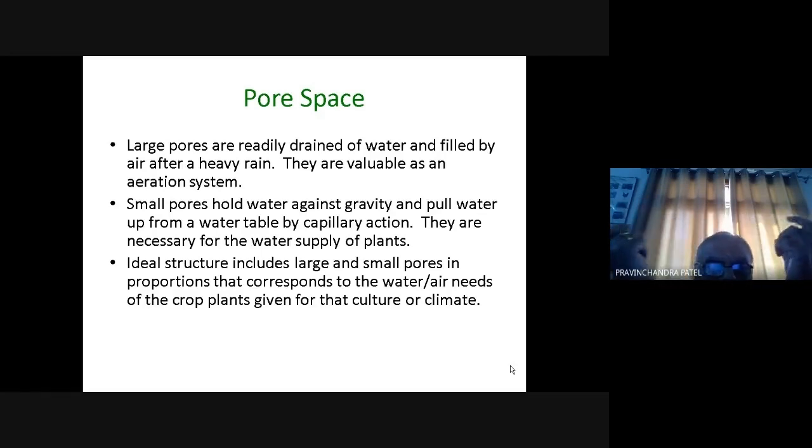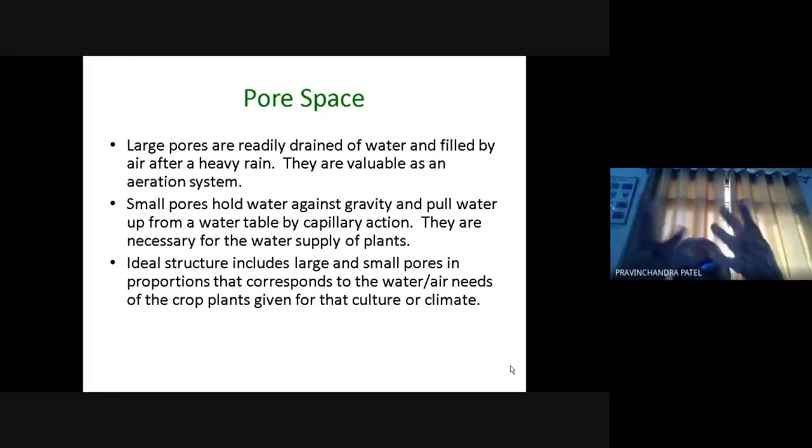So when there is a large pore, then there is better aeration. And when there is rainfall or we apply irrigation, first they are filled up. Then small pores hold water against gravity and pull water up from the water table by capillary action. So it is also known as micropore.